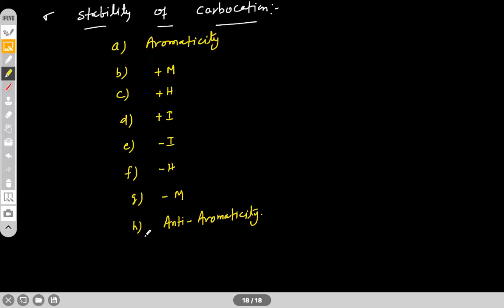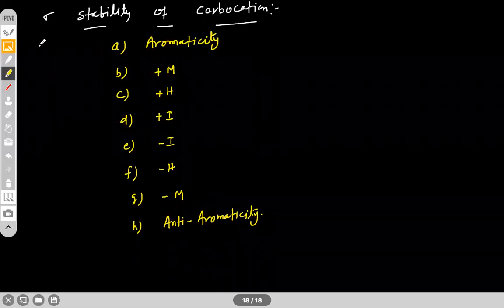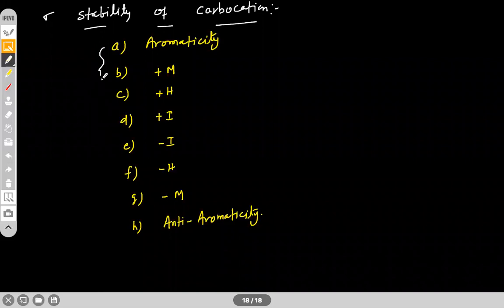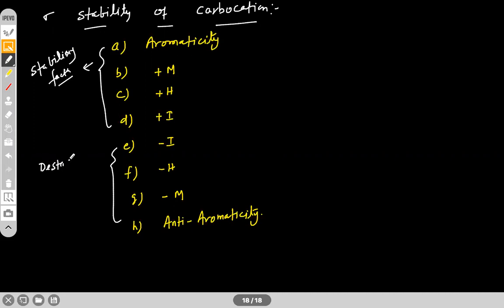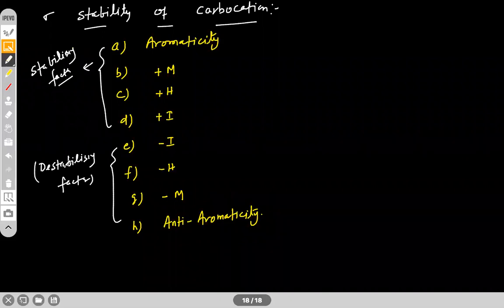When carbocation is a part of aromatic, it is the most stable one, right? The first 4 effects are the stabilizing factor. This stabilizes carbocation. This is the destabilizing factor. Destabilize the carbocation. Are you getting it, guys?